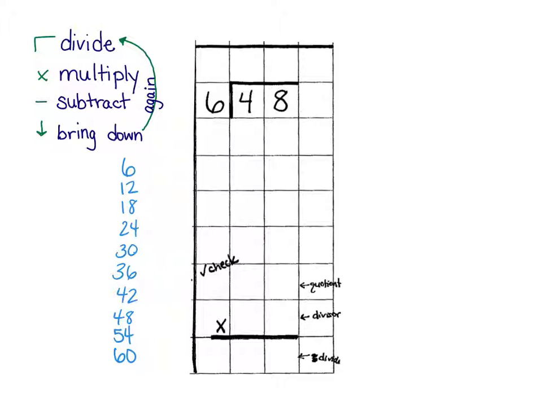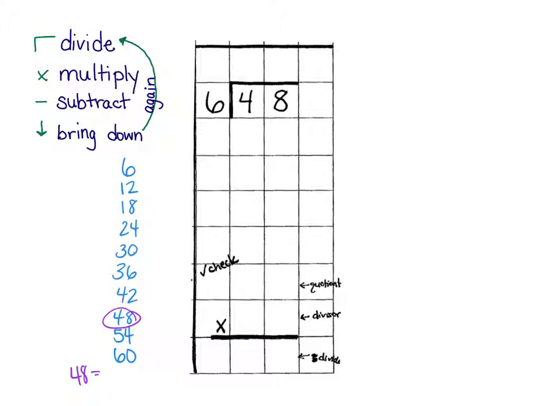So we know that 48 will be right here. It is an exact multiple of 6. So we can count 1, 2, 3, 4, 5, 6, 7, 8 groups of 6 is 48.